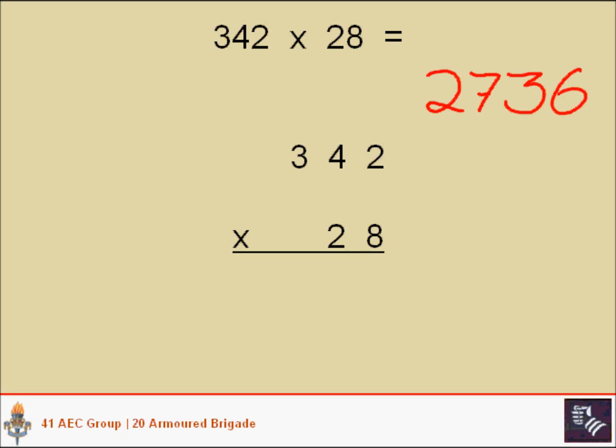Okay, so we've timed 342 by 8. This time we're going to times 342 by 20. Again, at the end of this, we're going to add the 2,736 onto the product from this sum. So 342 times 20 this time. So 2 times 20 equals 40. So we put the 0 in and carry the 4. 20 times 4 equals 80.